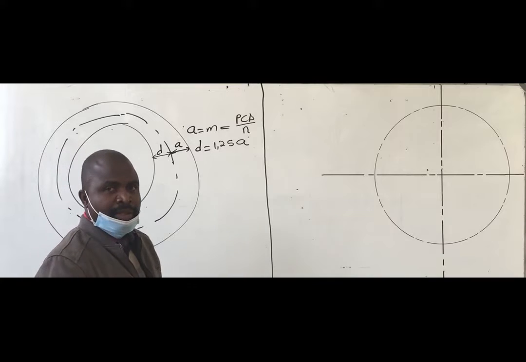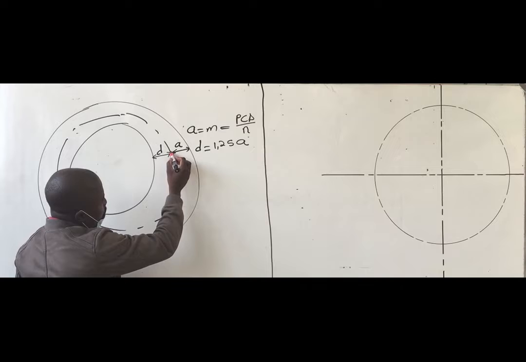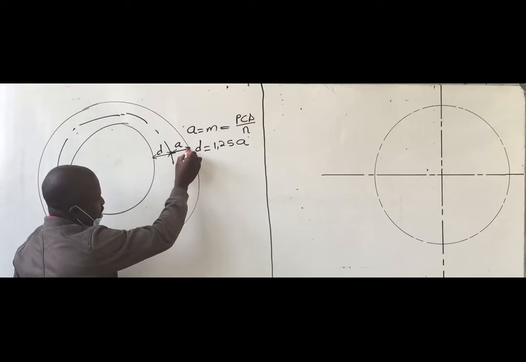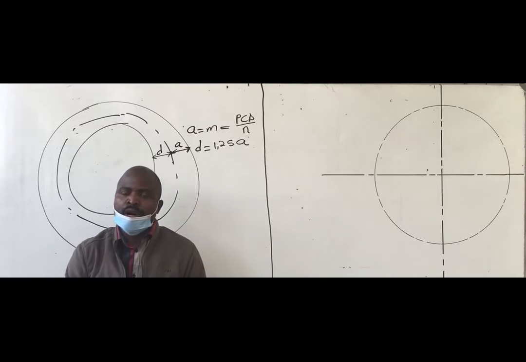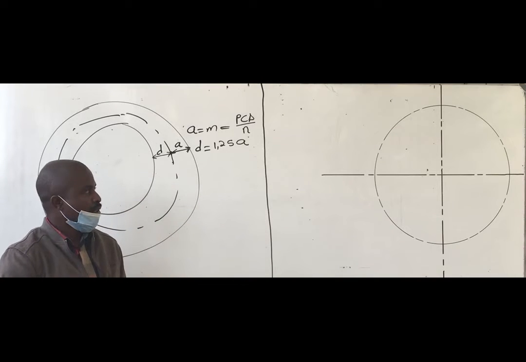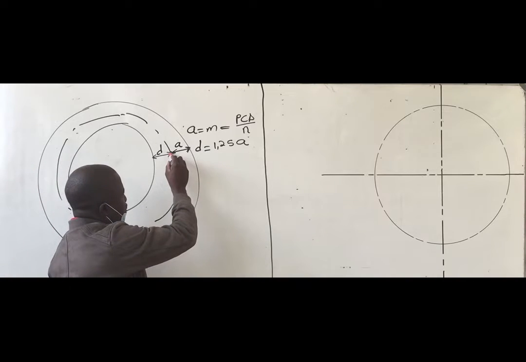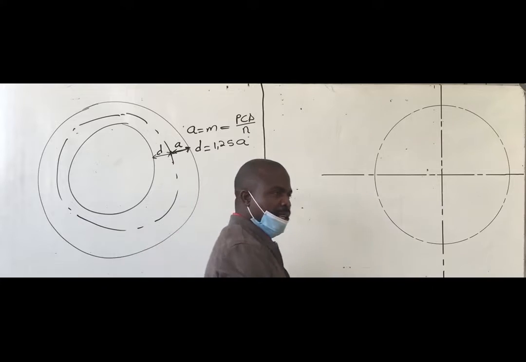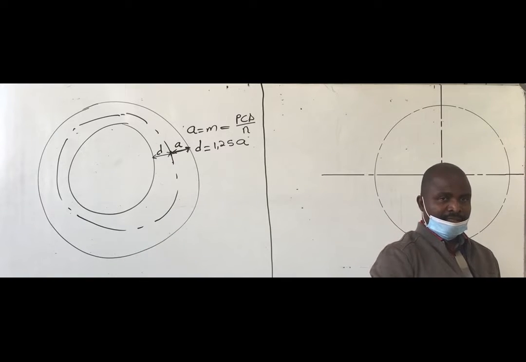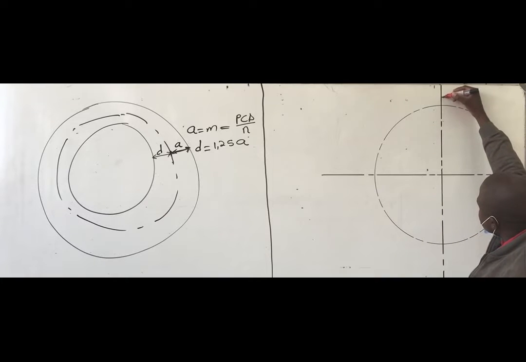We are not given the outside diameter, but at least we know how long it is from PCD to outside diameter, so we will use that to draw our outside diameter. What is the value between PCD and outside diameter? It's 10. Meaning from there to there, you measure 10.